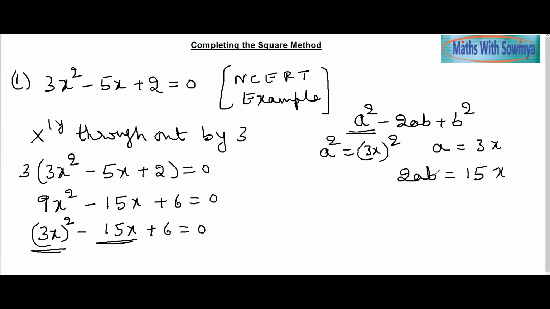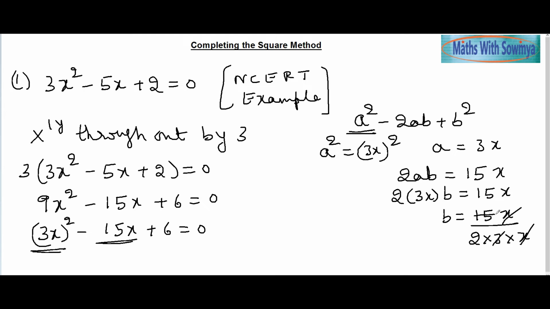Let us find b from here. 2 as it is, a is 3x, b we need to find. 15x, b is nothing but 15x divided by 2 into 3 into x. x gets cancelled, 3 5s are 15. Therefore, b is 5 by 2. b is equal to 5 by 2.